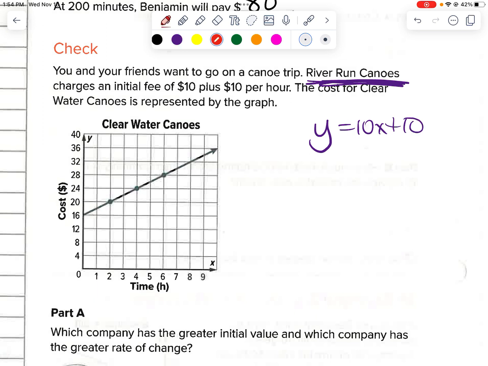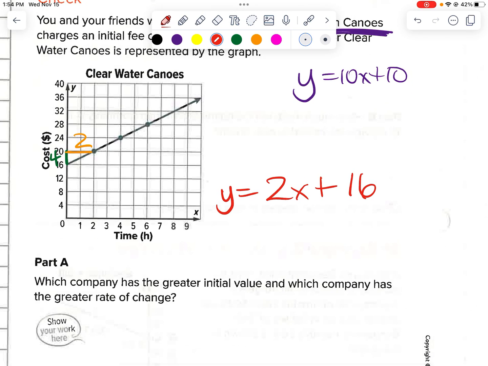And I'll do this one over here with y equals, well, first let's find the slope. So it goes up 4, it goes across 2. So that's 2x plus the initial value is 16. Which company has the greater initial value and which company has the greater rate of change?